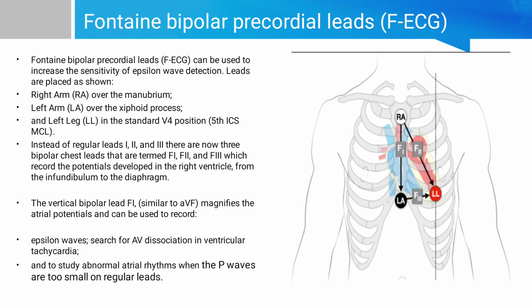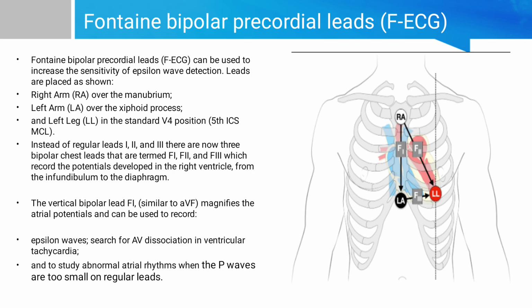Here the Fontaine bipolar precordial leads are placed: the right arm lead over the manubrium, the left arm lead over the xiphoid process, and the left leg in the standard V4 position, that is the fifth intercostal space in the mid-clavicular line.